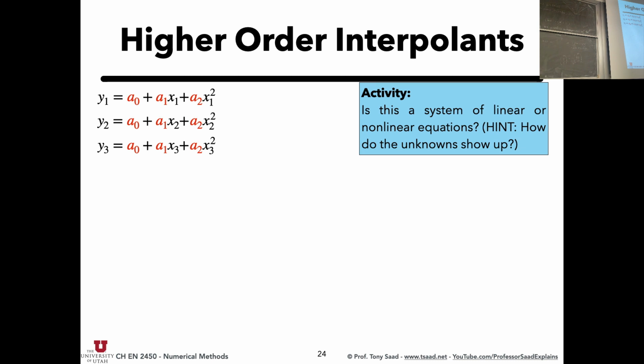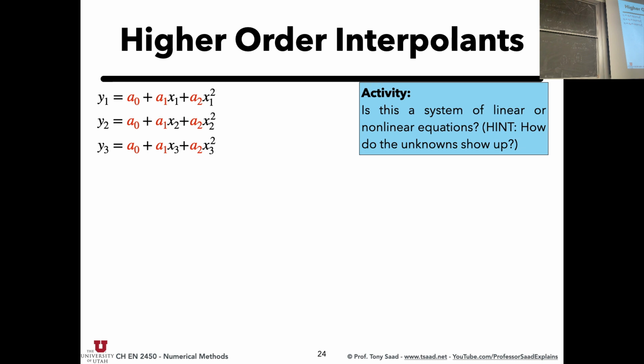Okay, so let's remember, what did we say about a nonlinear equation? Do the variables of interest show up linearly or nonlinearly? What are the variables of interest here? A0, A1, and A2. Not x1, not x2, not x3, not x1 squared, not x2 squared.